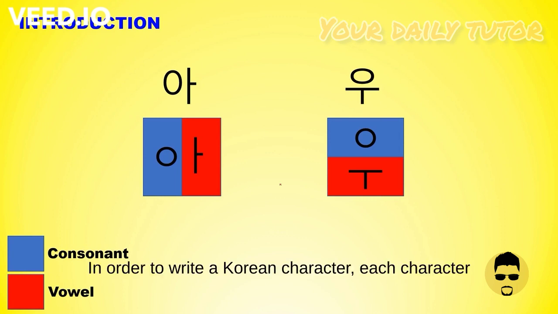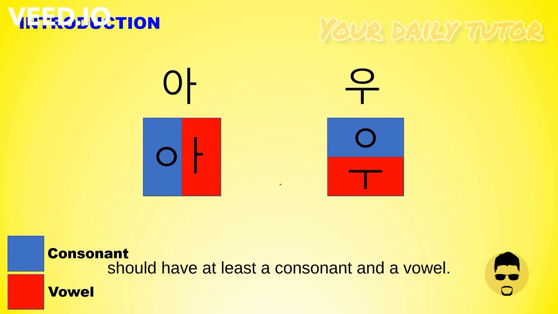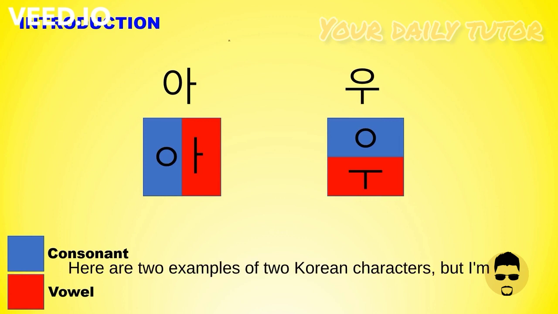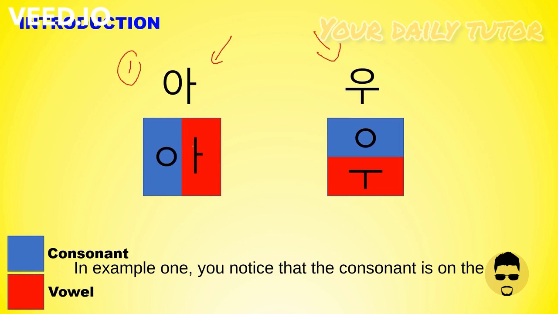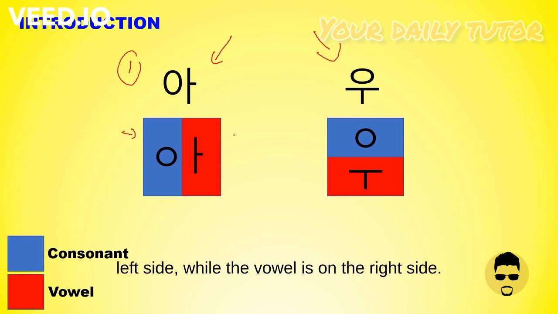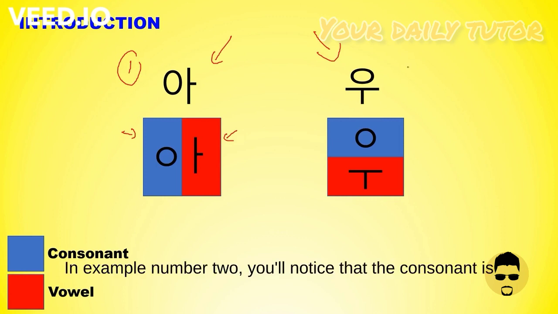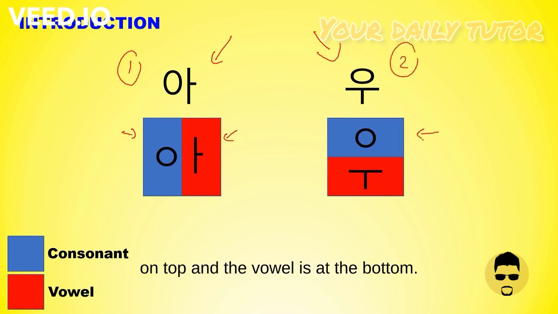To start off our learning of Hangul, it is important to know how to write a character. In order to write a Korean character, each character should have at least a consonant and a vowel. Here are 2 examples of 2 Korean characters, but I'm sure you can see a difference in both characters. In example 1, you notice that the consonant is on the left side while the vowel is on the right side. In example number 2, you notice that the consonant is on top and the vowel is at the bottom.